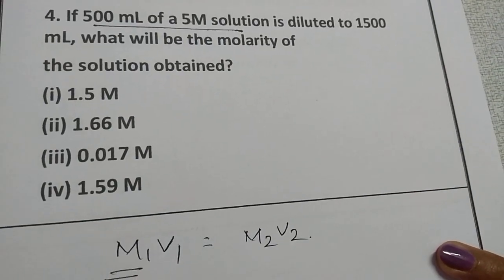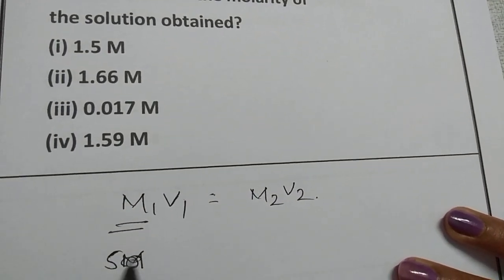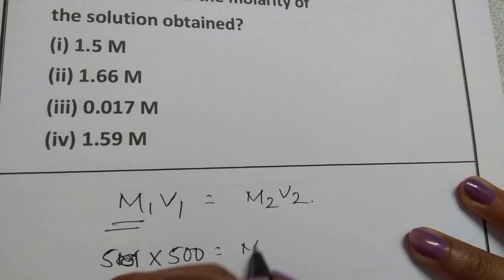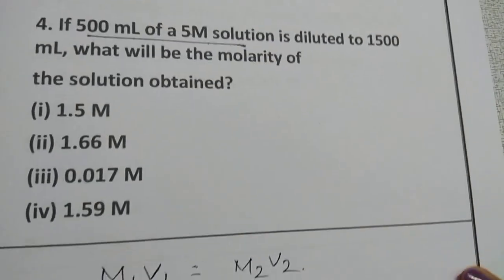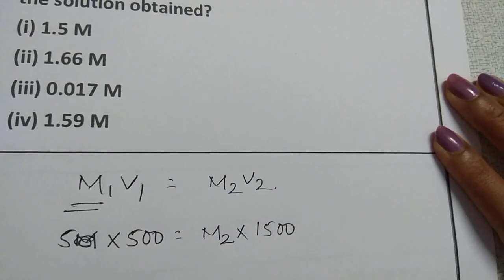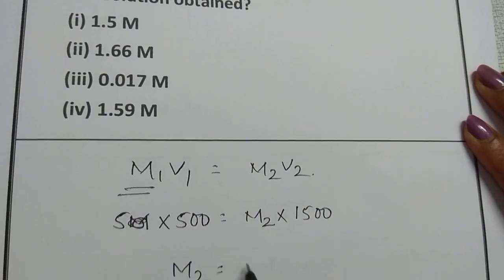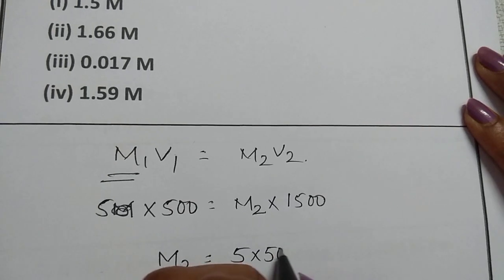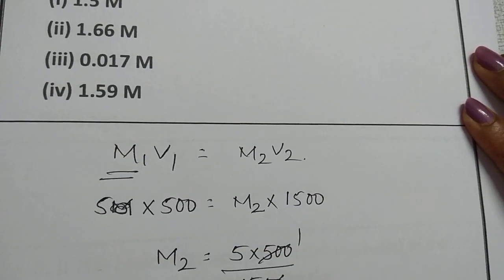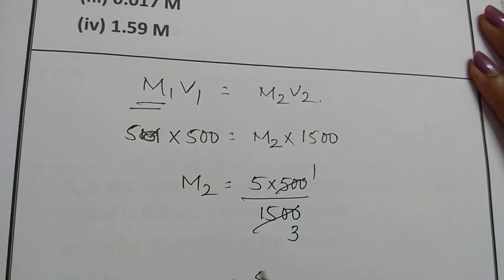So substitute 5 into volume 500, which is equal to M2, you need to calculate. Final volume is given 1500, substitute 1500. Then M2 is equal to 5 into 500 by 1500, then 1s are 3s are. So 5 by 3.